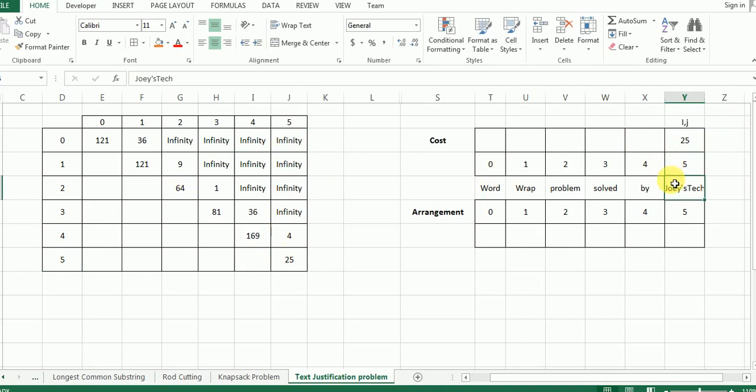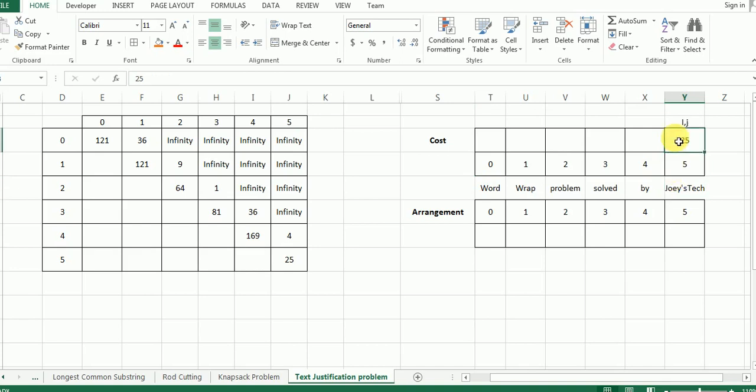Okay, forget about these words, because when we are solving a problem using dynamic programming, we have to talk about subproblems. So this is a subproblem. What the minimum cost is going to be when we only have the word joystick with us and the maximum limit on the line is 15? It's obviously going to be 25, because 15 minus 10, the length of joystick, is going to be 5. Square of 5 is going to be 25.